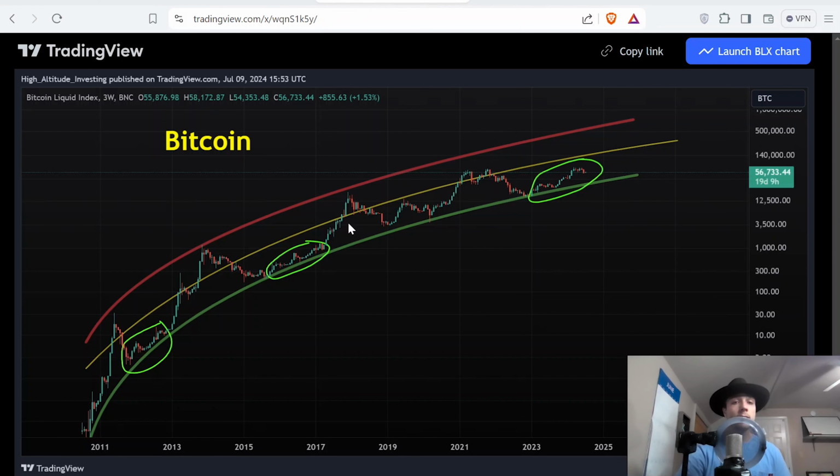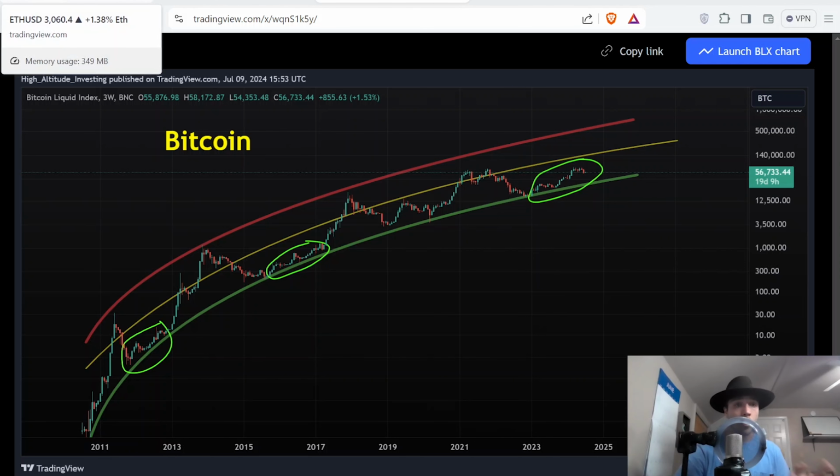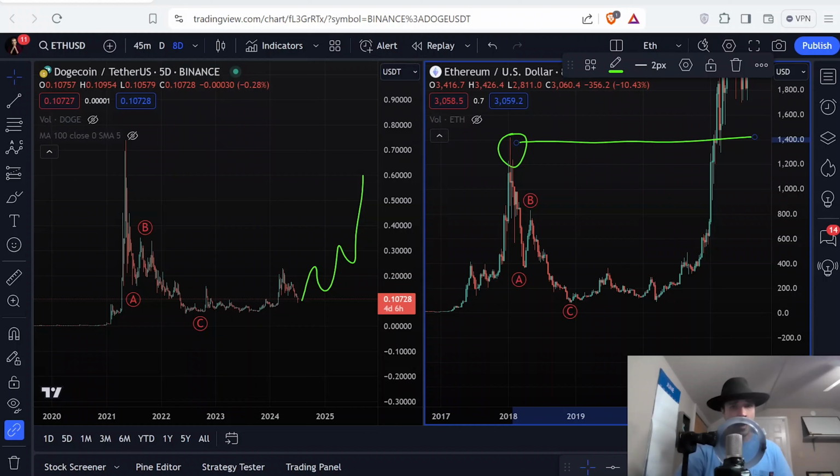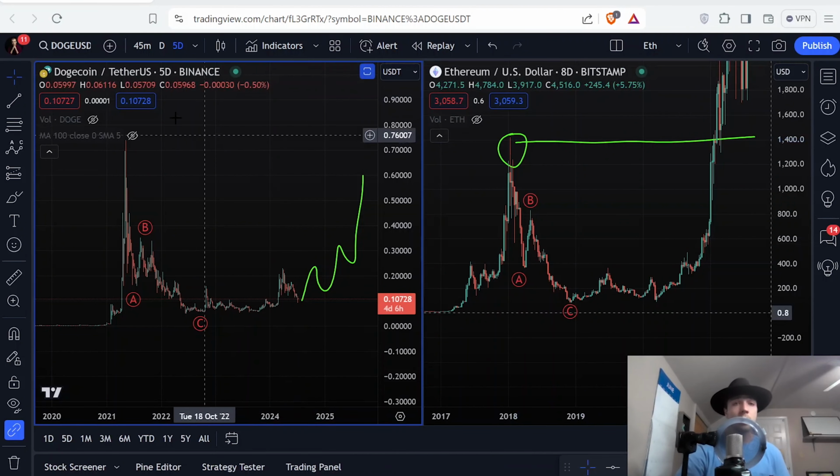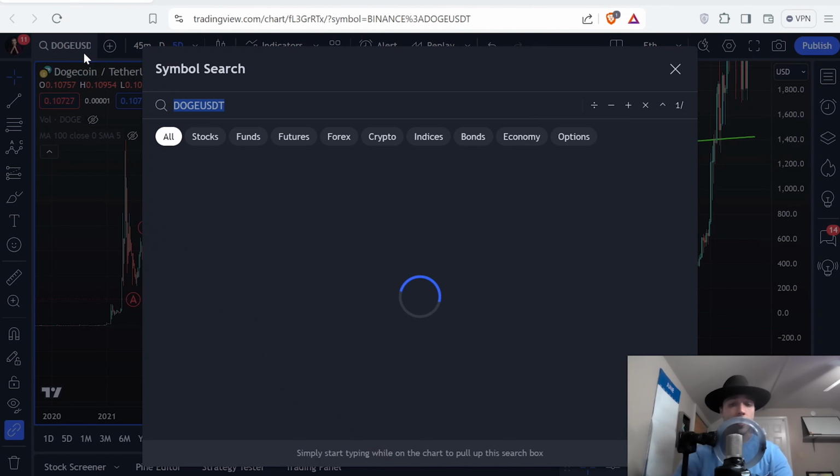And you can see that the structure is very similar to what's happened as we built momentum up before we really went crazy in the last 2 big bull markets. So I really like this setup here on Bitcoin. I think we're going to see a lot more upside. And the total crypto market cap is just going to follow along with it.